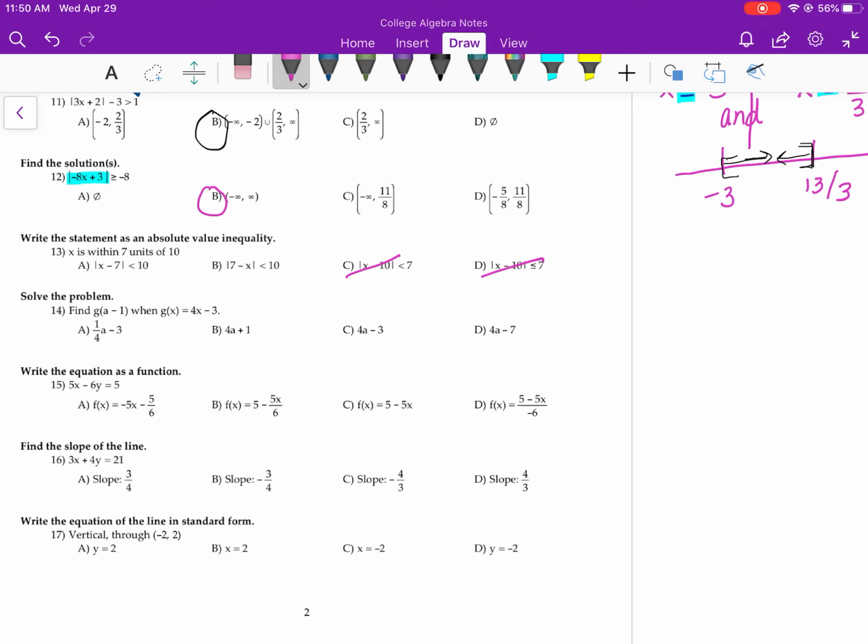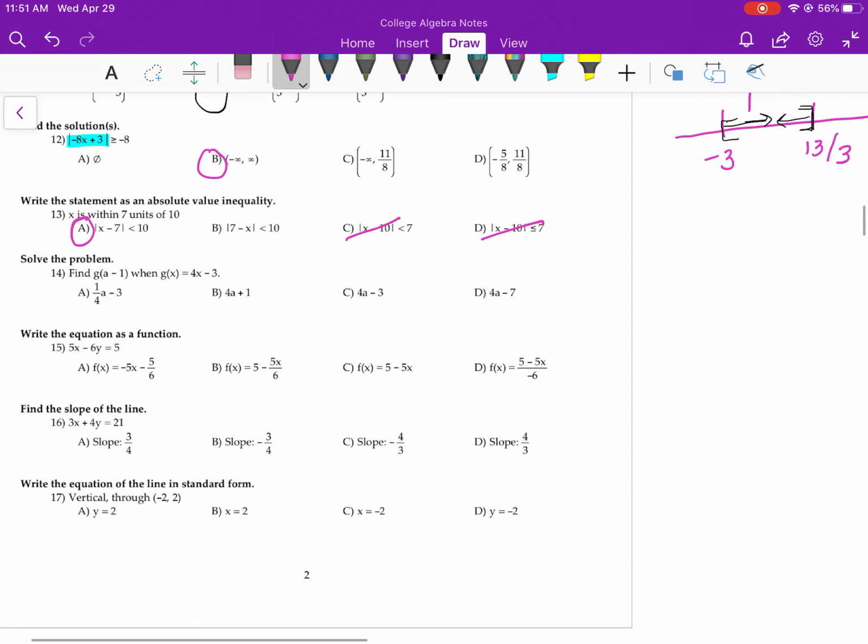It's always x minus on these, so the answer to 13 is A. Oh, they said the answer is C. I'll come back to that one later, I guess.